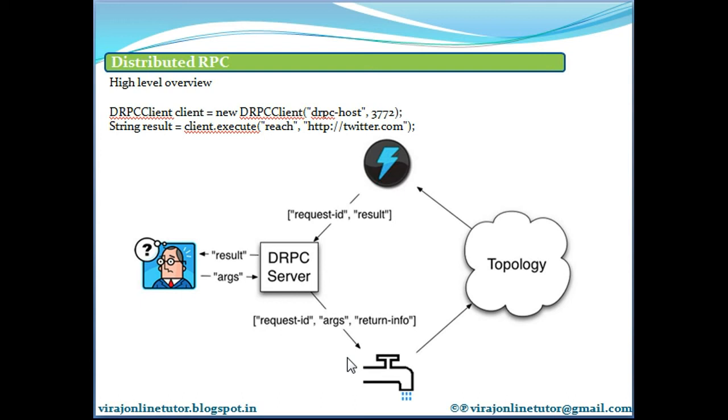The topology then computes the result, and at the end of the topology, a bolt with the name return results connects back to the server and gives it the result for the function that was invoked. So the DRPC server then uses that ID to identify which client is awaiting those results, and it unblocks the waiting client and sends the result to the client.